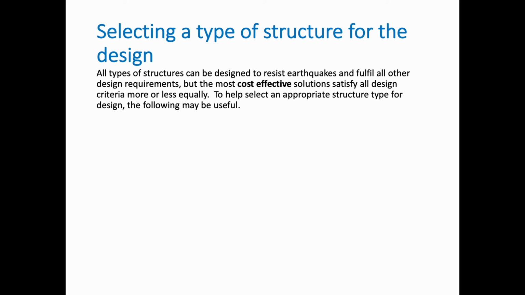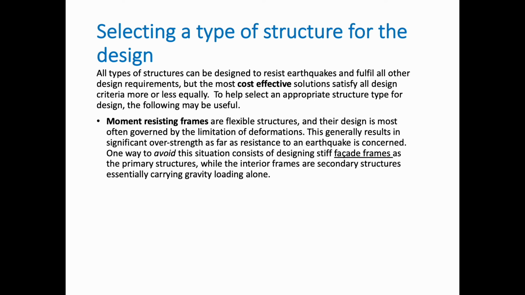Now, while selecting a type of structure for the design, we need to make sure that we are choosing the most cost-effective solution, because at the end of the day, pretty much all types of structures can be designed to resist earthquakes. Starting with the moment-resisting frames, usually these are governed by deformations.